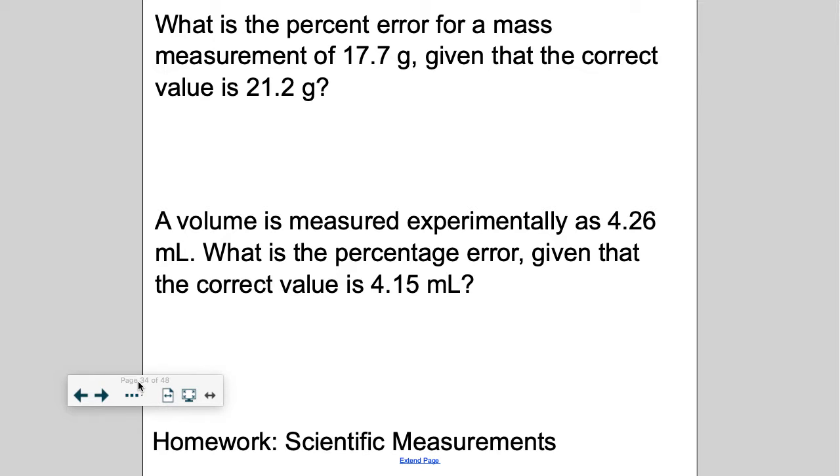Some more percent error. What is the percent error for a mass measurement of 17.7 grams, given that the correct value is 21.2? So we'll set it up. We'll start with 17.7 grams minus the correct value of 21.2, divided by 21.2, times 100.